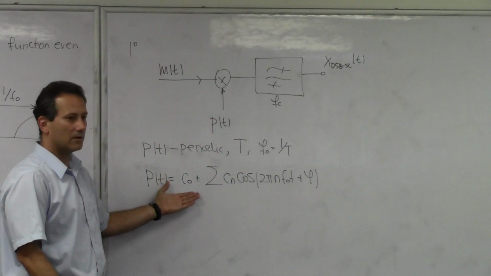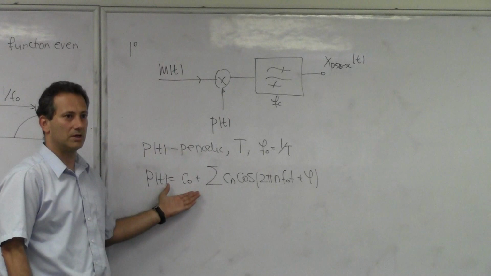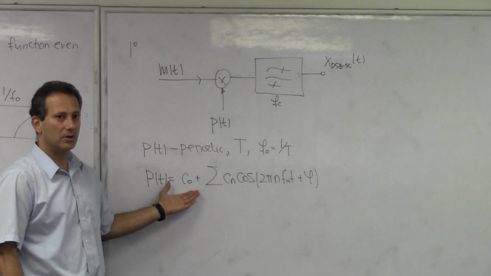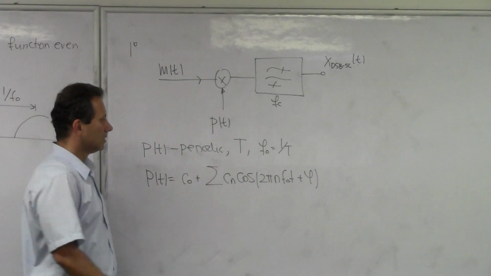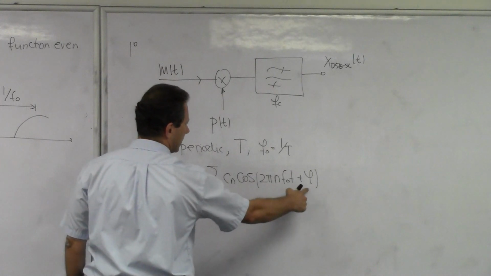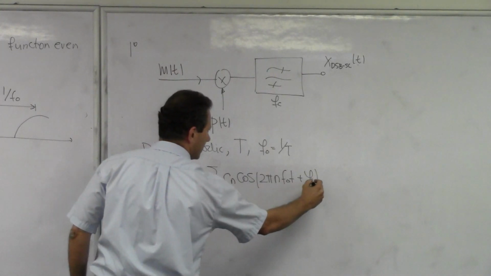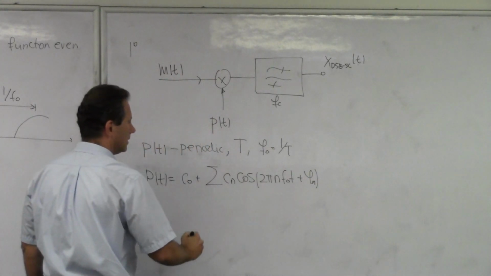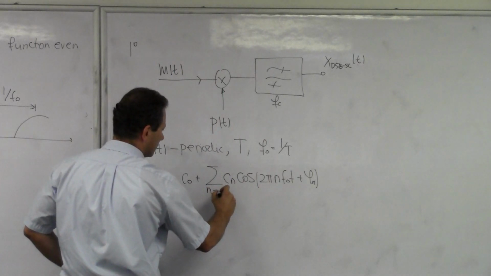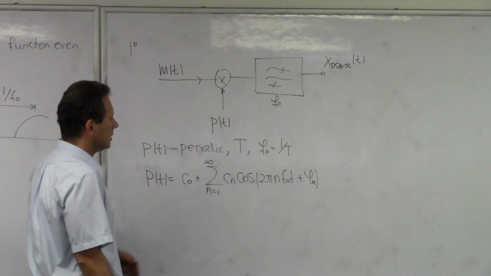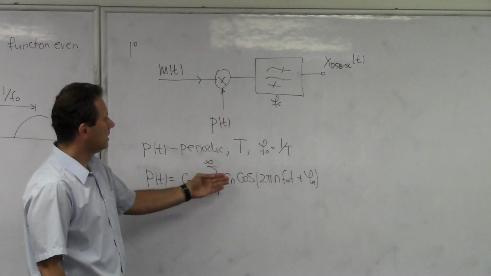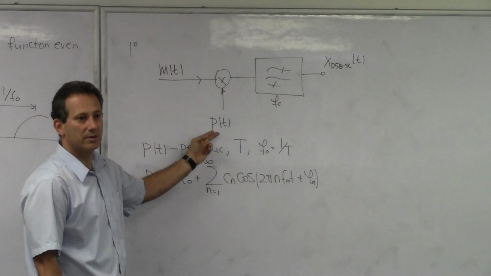This is our form 2, right? Where I just express my periodic waveform as a whole bunch of cosines that have particular magnitudes and particular phases, where n goes from 1 to infinity. So that's what it means when I say that p of t is periodic.